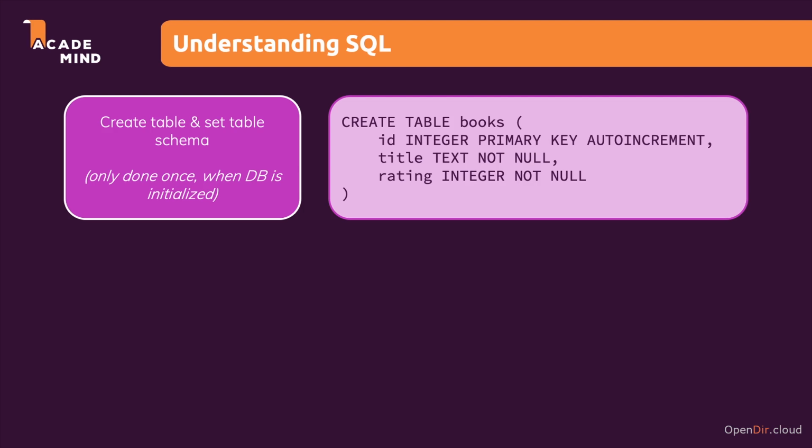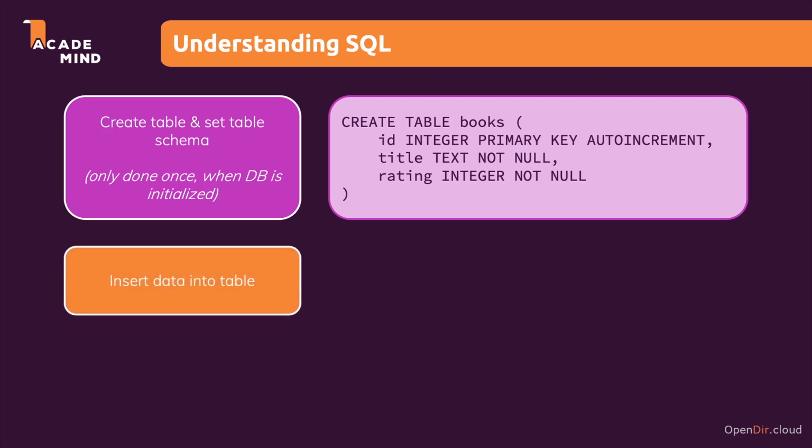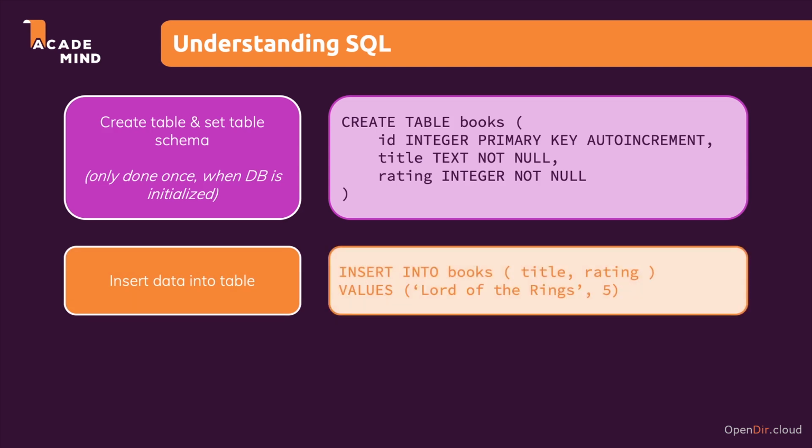So that's a SQL command we might need to run initially when we set up the database. Then, once it is set up as part of our website or application we're building, we might need to insert data into the table, so into the database. And in SQL, that insert command typically looks something like this. Insert into, then the table name, then pointing at the columns where we want to insert data, and then the values for those columns.